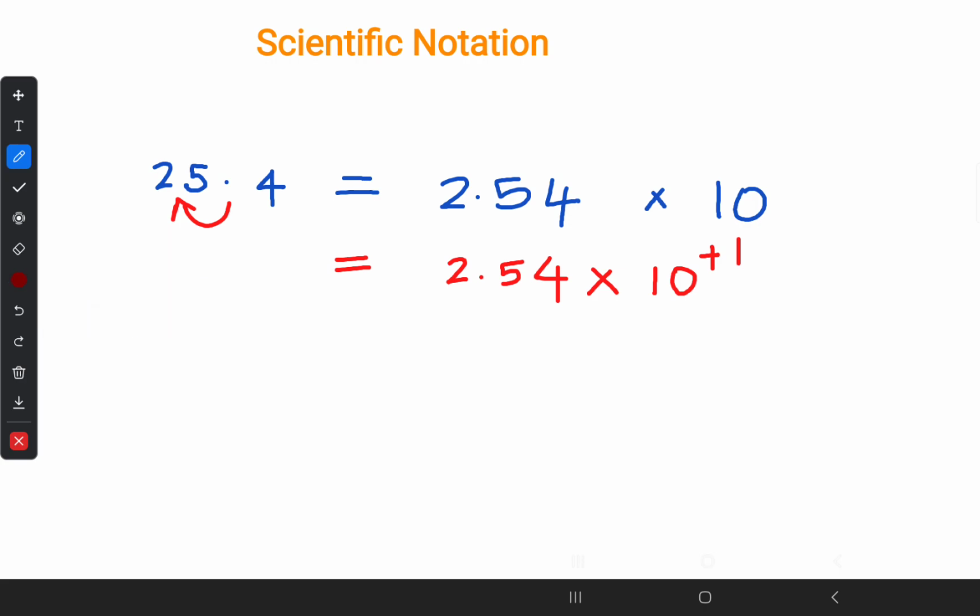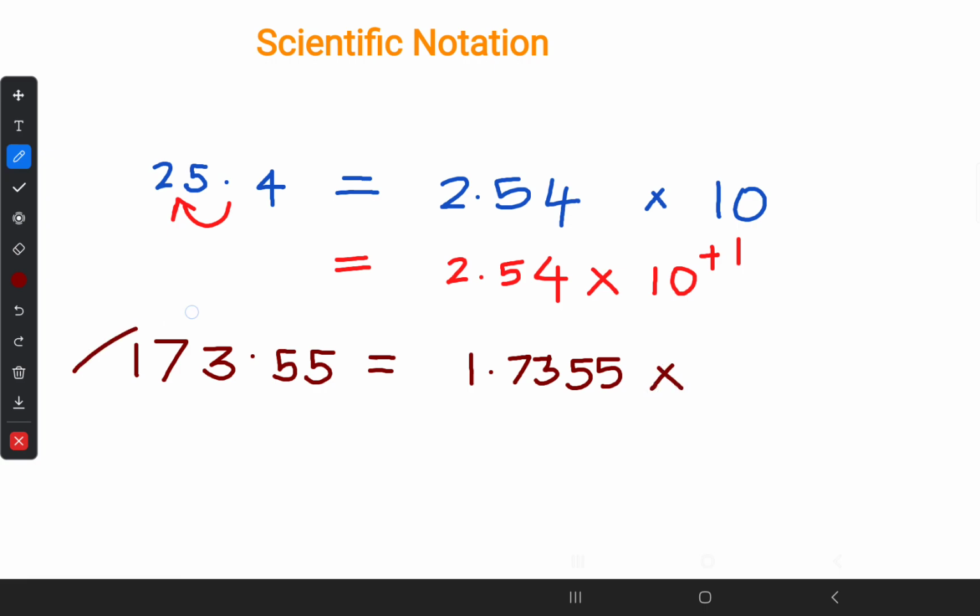Let's do another question. Here you have 173.55. Without the decimal, I can express this number as 1.7355. This one is expressed as a number in between 1 to 10 first.